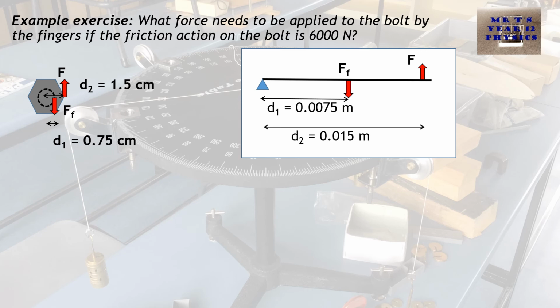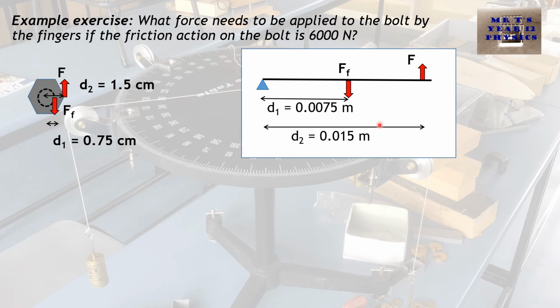So here's our lever diagram. Now we've got our forces shown on the lever diagram. I've put the distances further away just to make them clearer, and I've put them into meters. Now look here, this friction force, we can easily see it's going to produce a clockwise torque, and the force that we apply is going to produce an anti-clockwise torque.